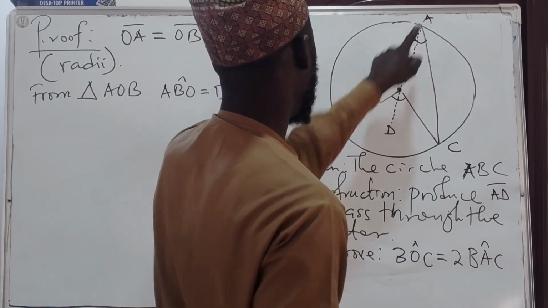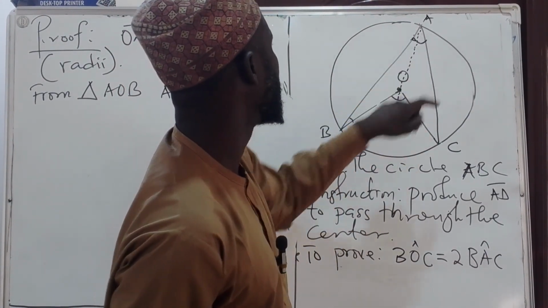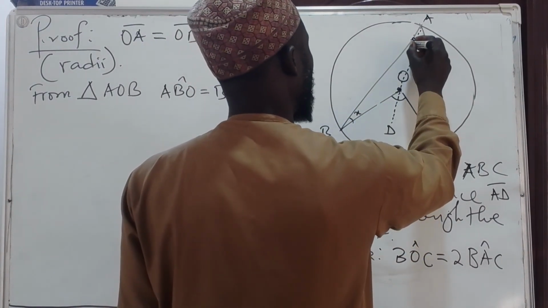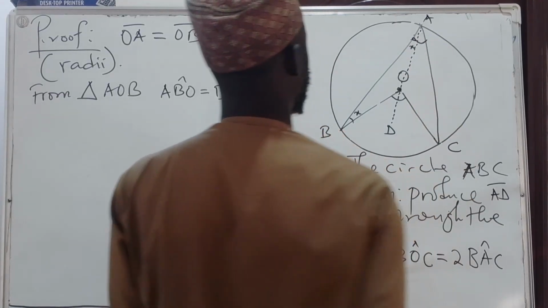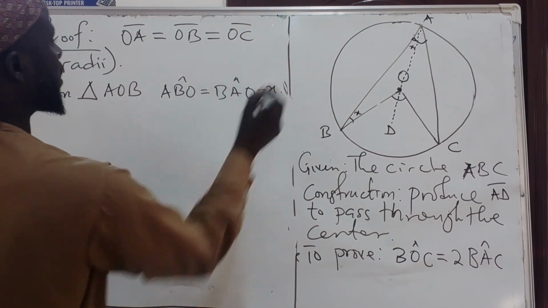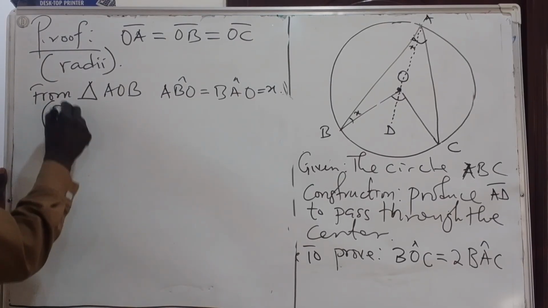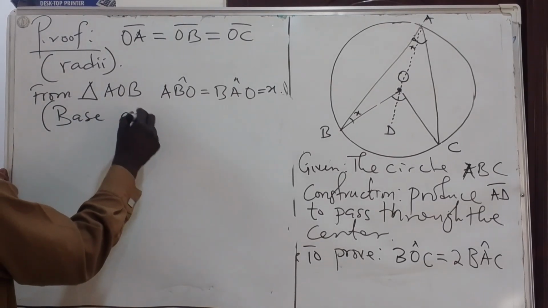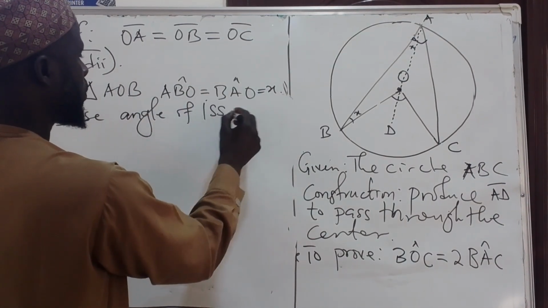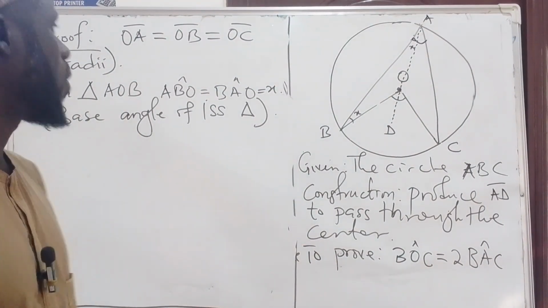So if here is x, here will also be x. Let that be equal to x. The reason: base angles of an isosceles triangle are equal.